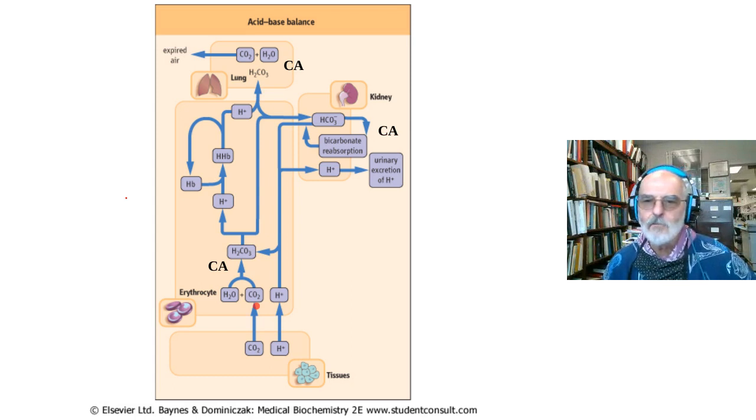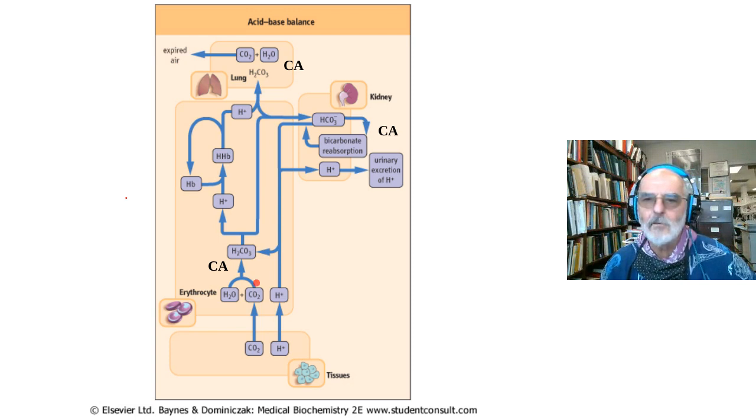The proton that comes along with the CO2 is a form that makes carbonic acid, but that proton essentially ends up going onto hemoglobin as a protonated form of hemoglobin. So some of the protons are carried by the hemoglobin, which eventually reverses and is exhaled by the CO2.